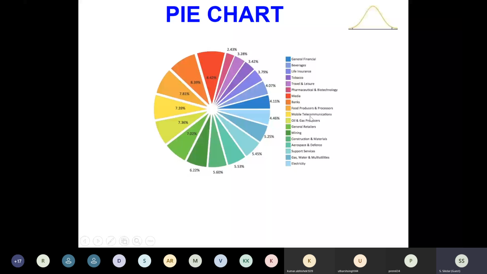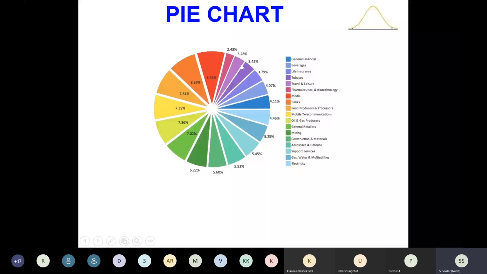Next to it, close but a little higher, is 7.81%, which is food producers and processors, on a higher side compared to this bluish or sky colored one, which is electricity. So electricity is really at the lower end.